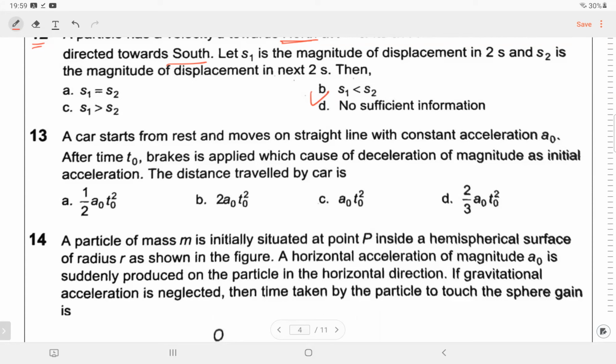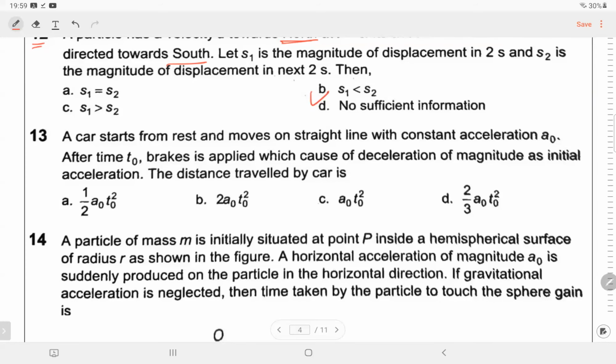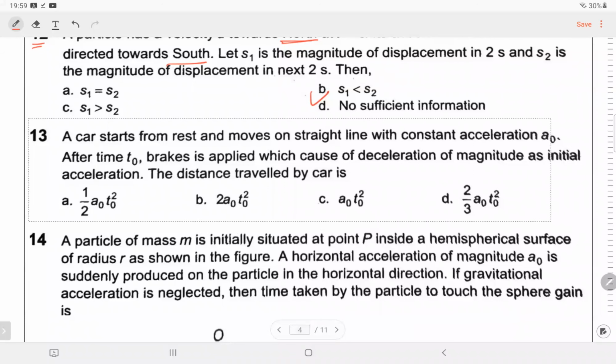Question number 13. To do such questions, it is better to make a rough diagram first. With the help of a graph we can also do this question, but we haven't done graphs yet, so we will prefer using only equations.